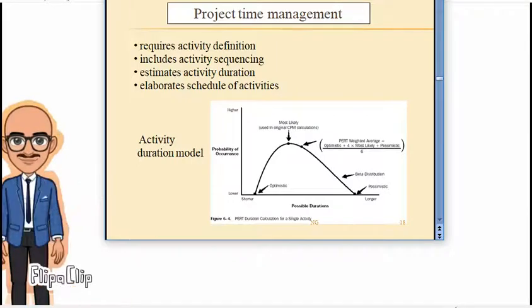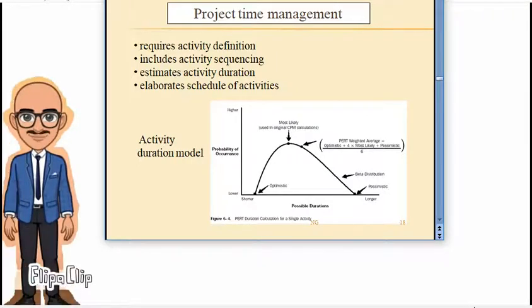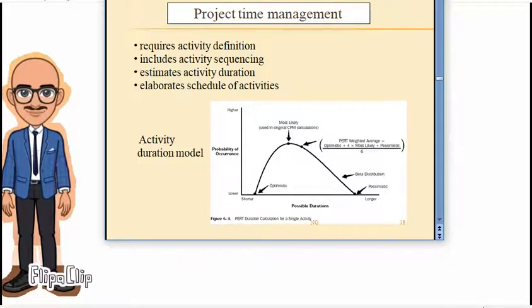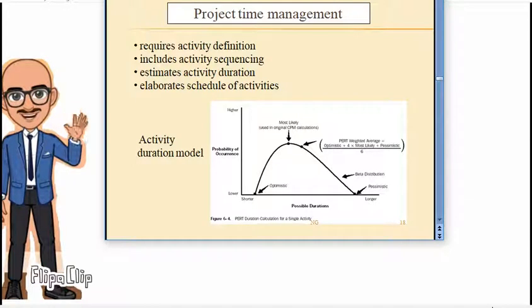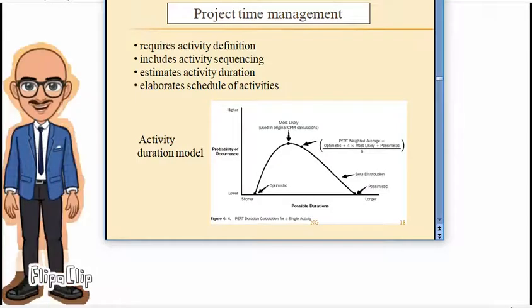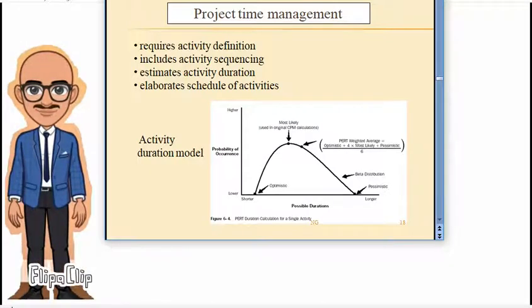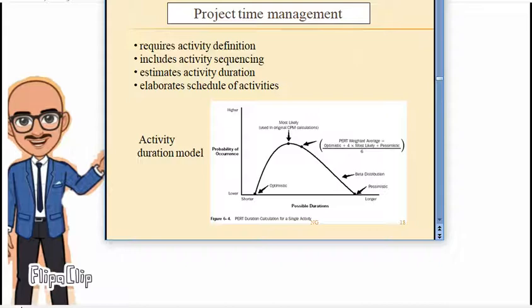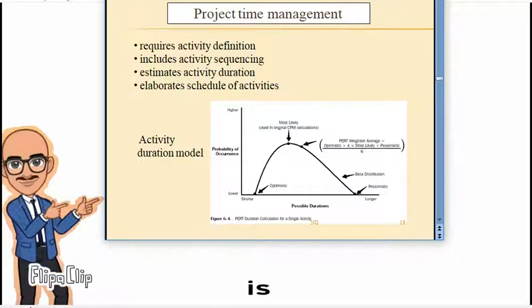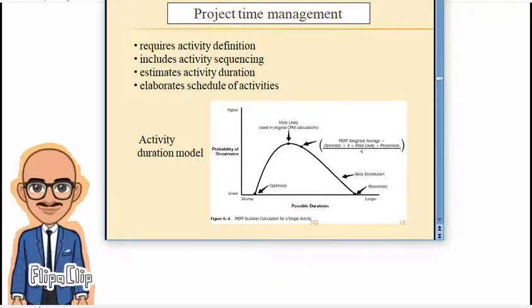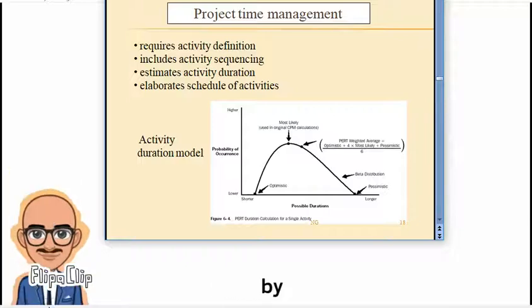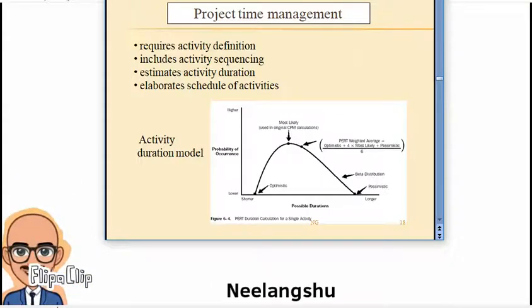So for project time management, what are the different requirements? It requires activity definition. So what are the different activities related to the project? They have to be clearly defined. It also includes activity sequencing, as I was saying, which activity has to be sequenced after which activity. An activity can only start if all the previous related activities are already completed.